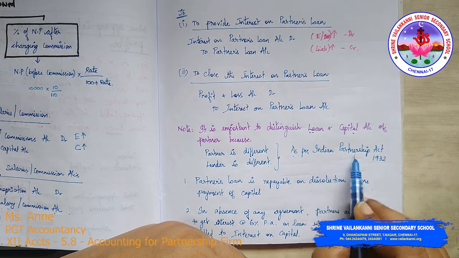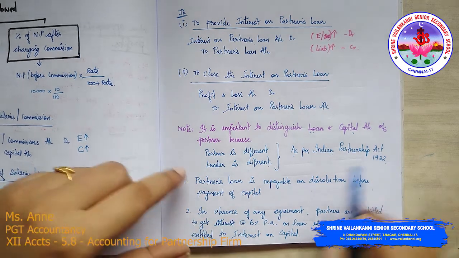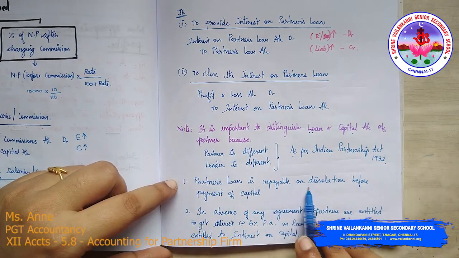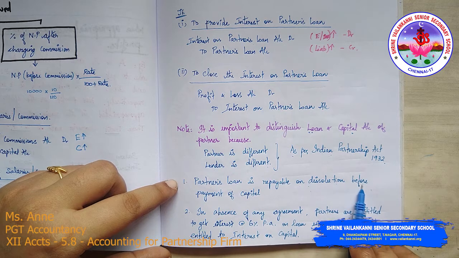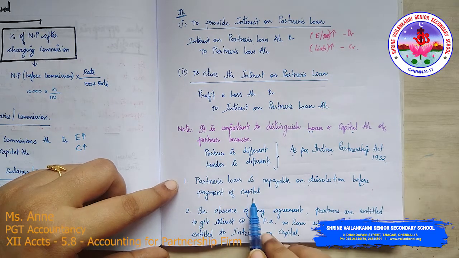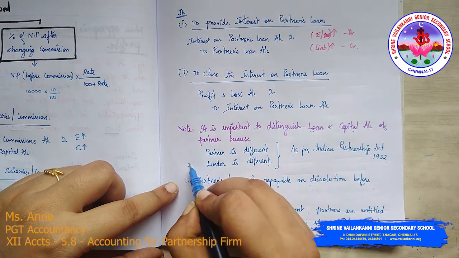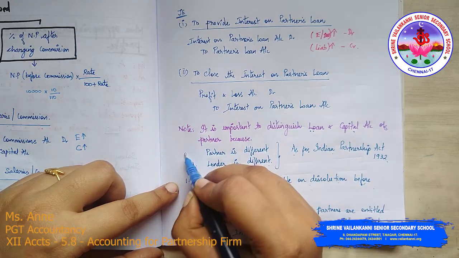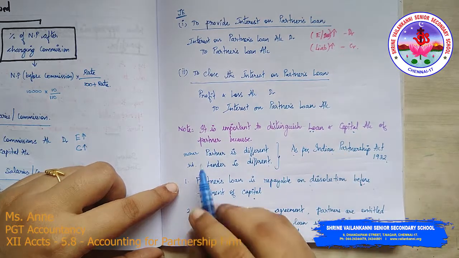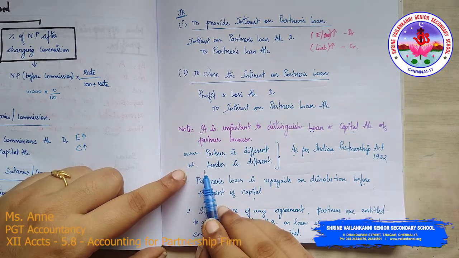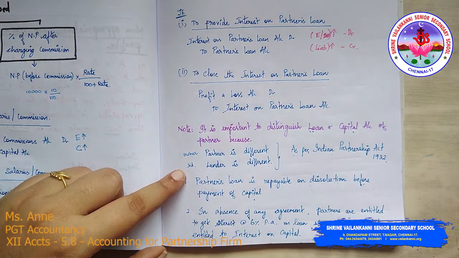As per Indian Partnership Act 1932, partner's loan is repayable on dissolution before payment of capital. So what you have to give priority here? He is acting like a third party, here he is acting like an owner. So whatever amount needs to be paid to the third party gets the first preference.